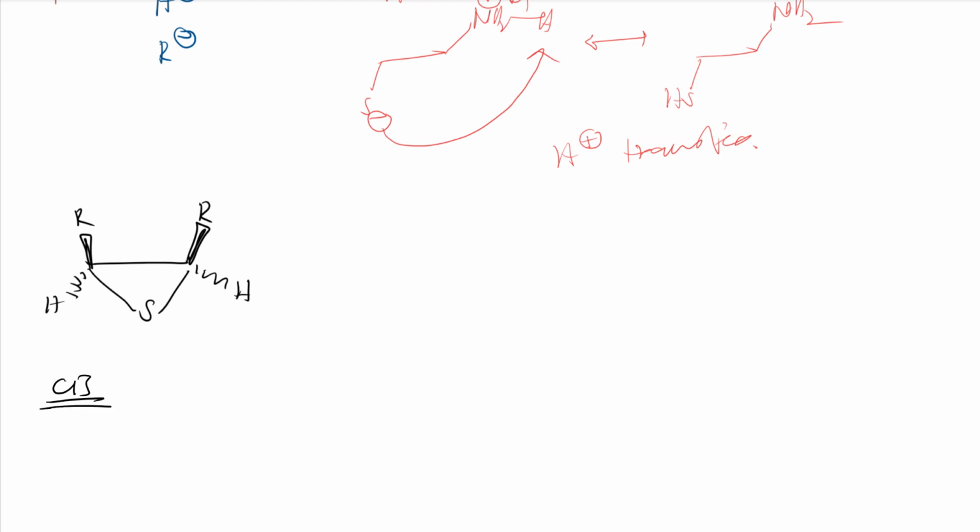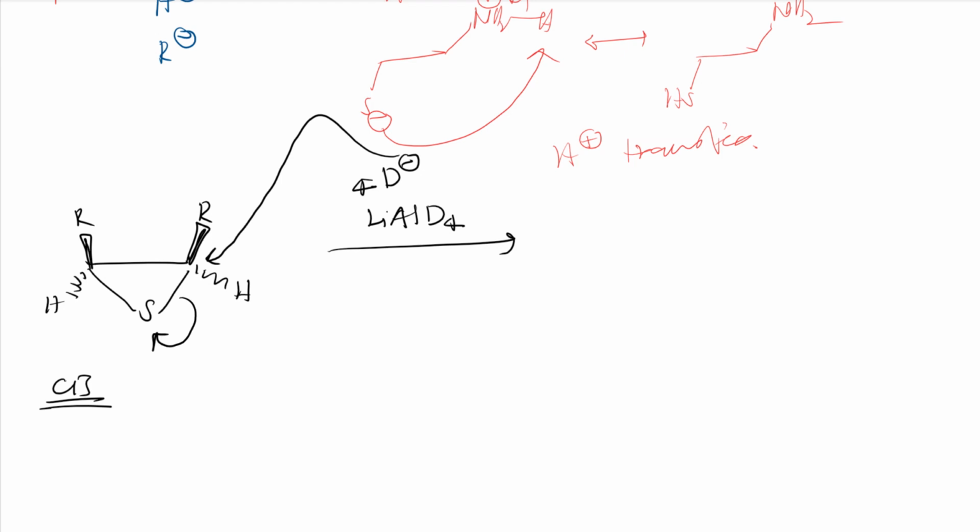To this I am going to add LiAlD4 instead of LiAlH4, so it can give four molecules of D minus ion. This is simply a nucleophilic addition reaction, so this bond will be broken. And I have told you to concentrate on this carbon, because the SN2 reaction is occurring at this carbon.